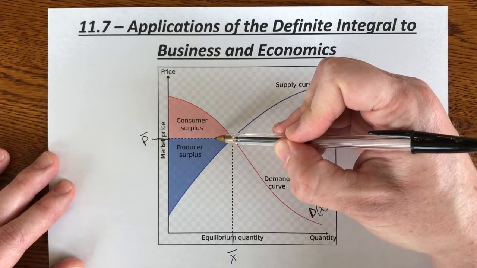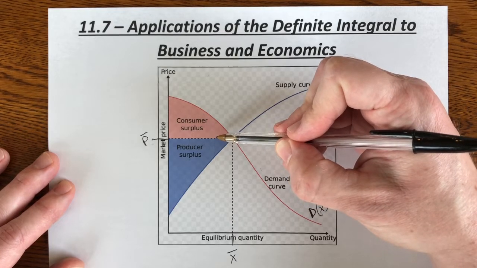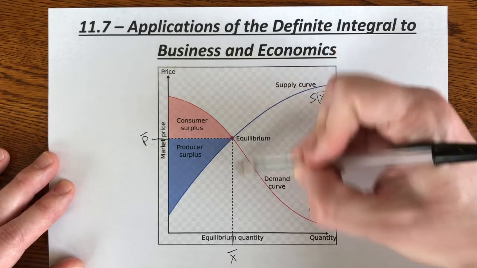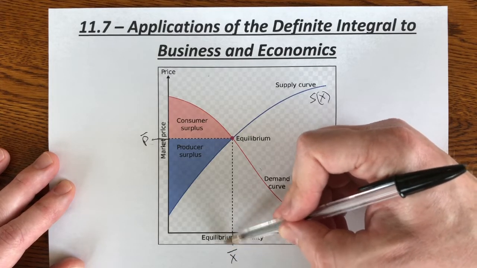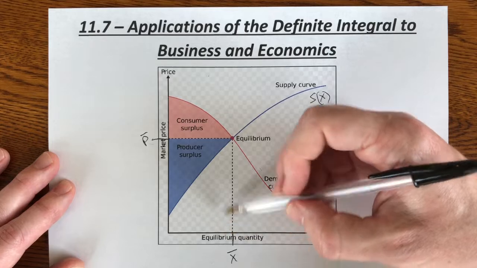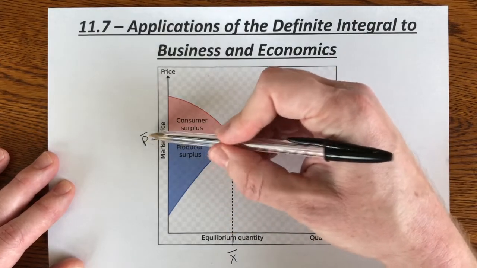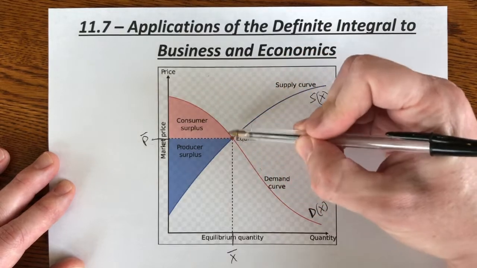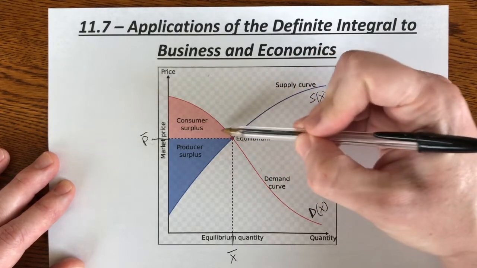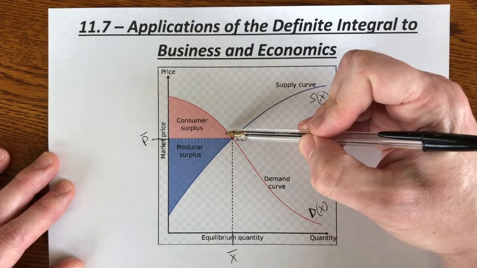Okay, so the difference between what the consumers would be willing to pay for this amount, X bar, of whatever the commodity is, and what they actually pay, which is this P bar, is called a consumer's surplus. That's what we're going to be determining, first of all, in section 11.7.